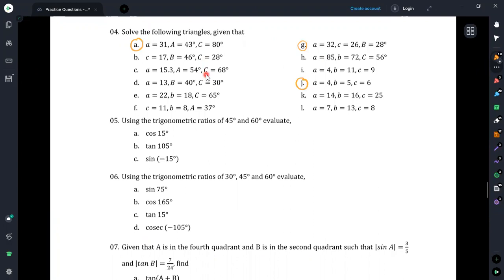Now we'll see how we can use the sine rule and cosine rule to solve the triangle.